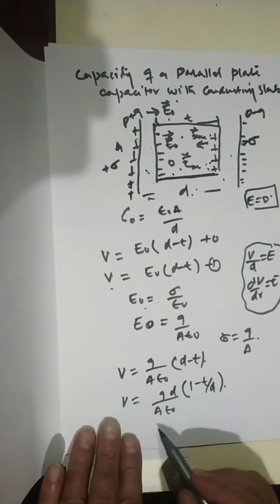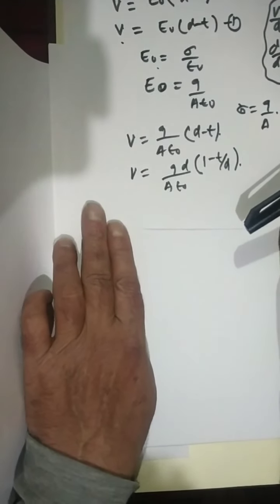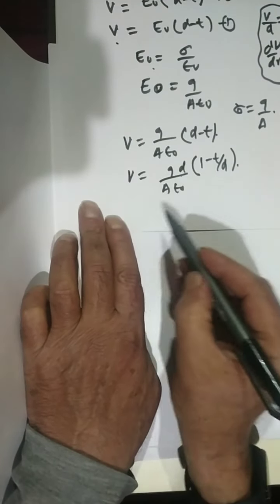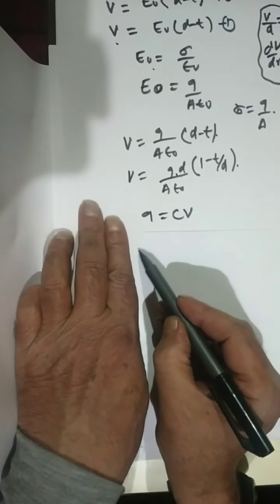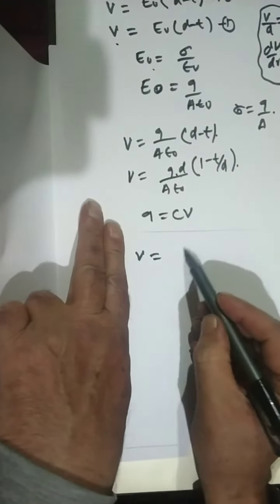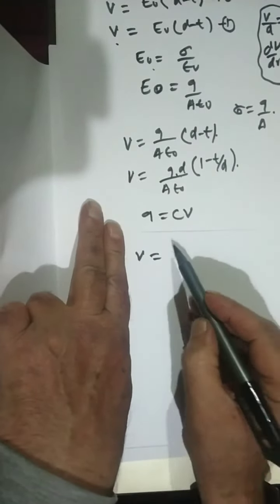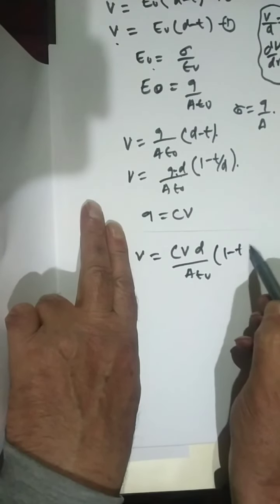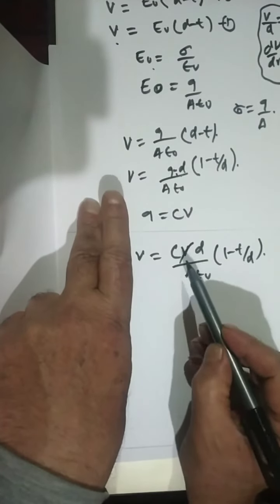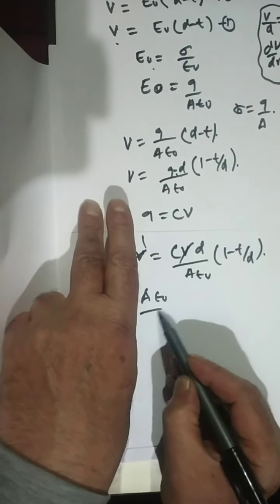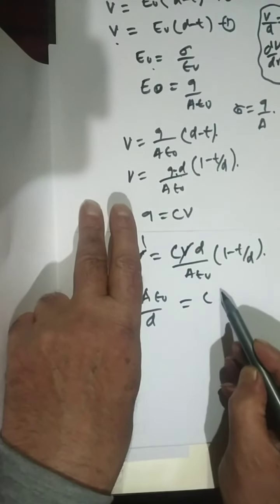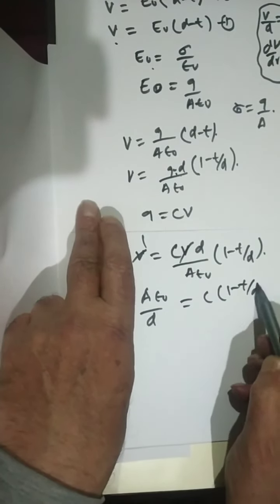Now, substituting here, since we know that Q is equal to CV, we will get V is equal to, in place of Q writing CV, D by A epsilon 0 times (1 minus t by D). Cross multiplying, we get epsilon 0 A by D is equal to C times (1 minus t by D).